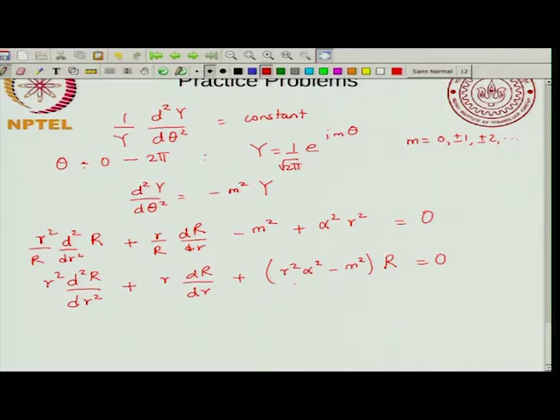So if you want, you can make a change of variables and put s equal to r alpha, though you do not have to do it. But if you do that, then you can immediately see that you will get a Bessel equation.